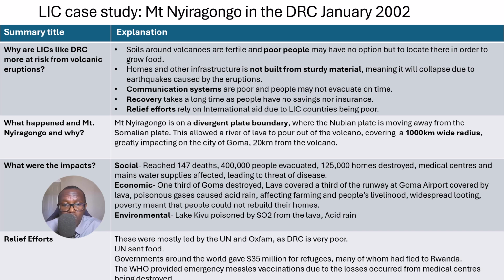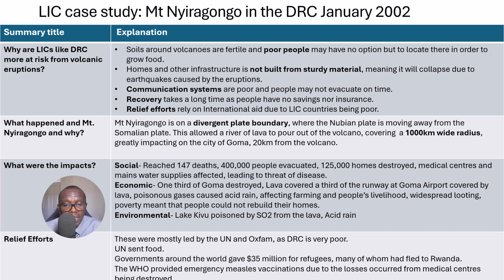And as a result, people may not be able to evacuate on time. Now, that will obviously lead to a lot more deaths and injuries from the volcanic eruption. Then the next thing is that recovery will take a long time, because a lot of these people are not going to have any savings or insurance, and then the relief efforts are likely to be reliant on international aid, because the countries are quite poor.